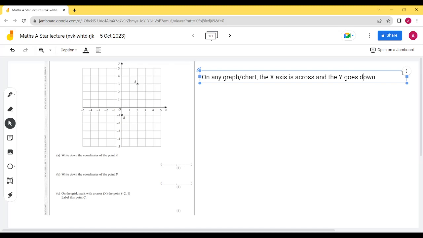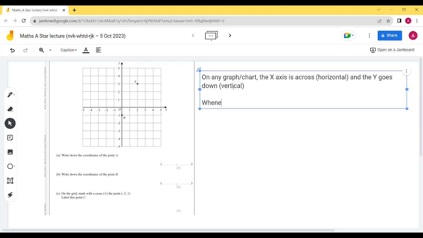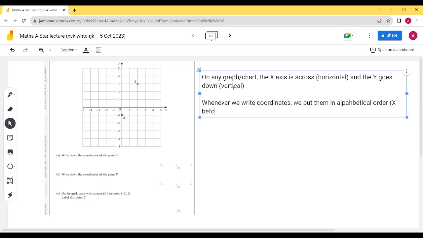Or if you're going to say this more technically, you could say the x is horizontal and the y is vertical. And whenever we write coordinates, we put them in alphabetical order, so in other words, we have x before y.